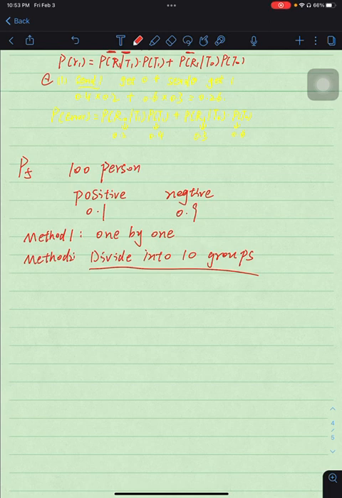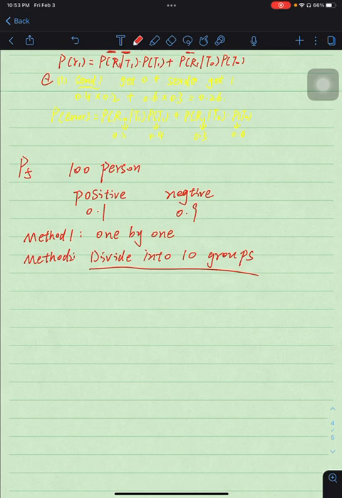So we need to know the number of tests we need to do by this method on average. Yeah, on average. If the result is positive, then we test these 10 people's blood one by one.